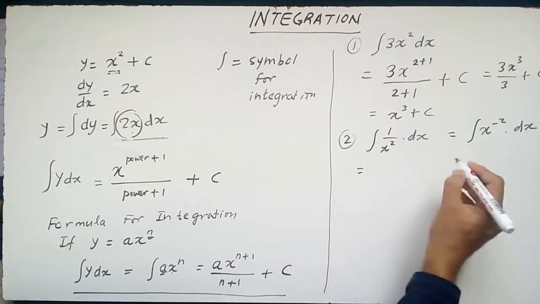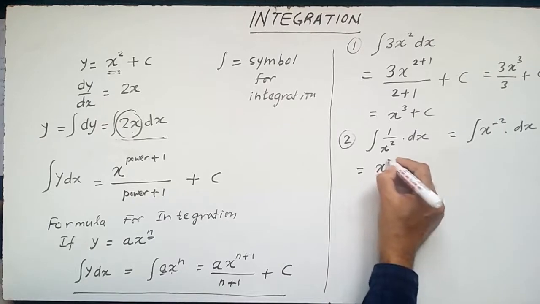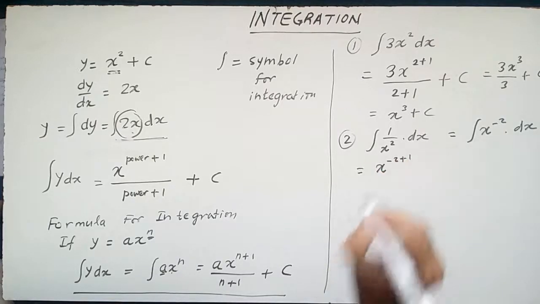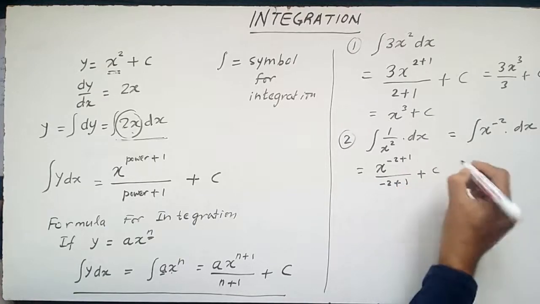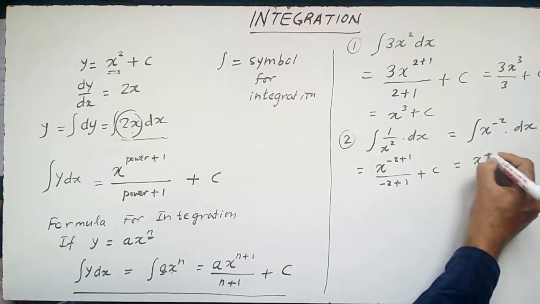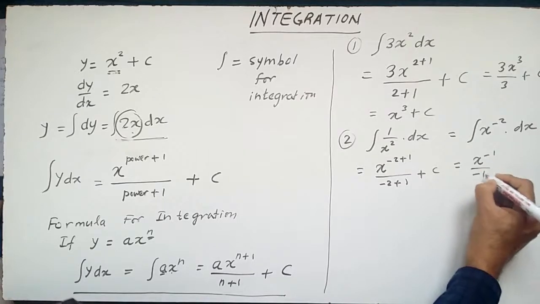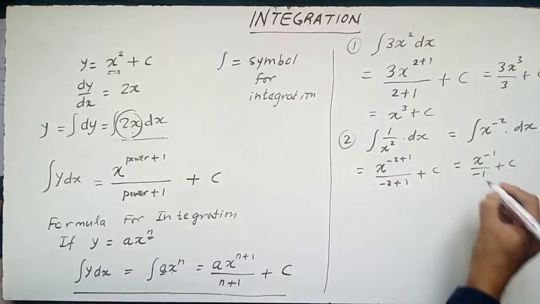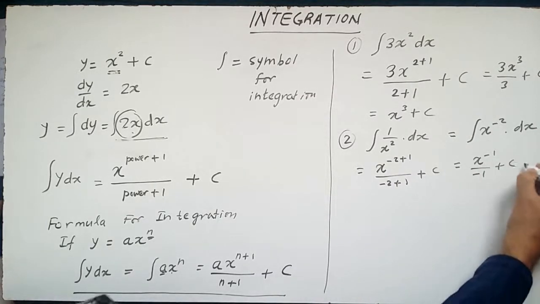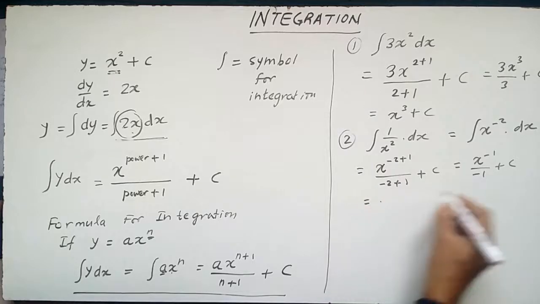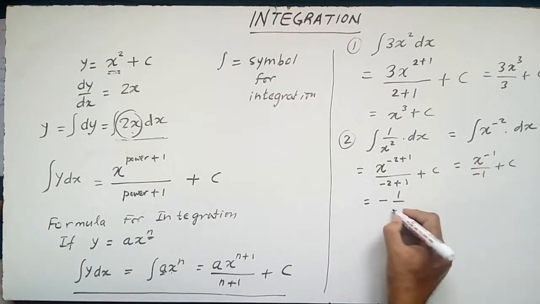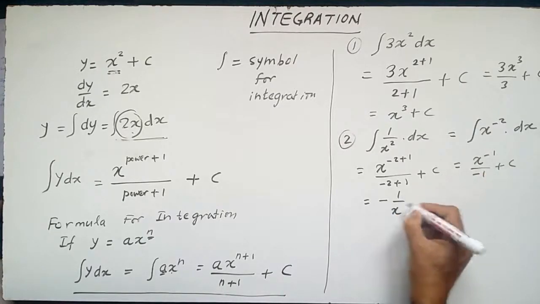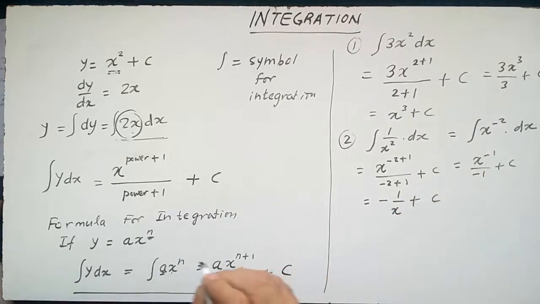Now, after integration, we increase the power by 1 and divide by the same one. So this will become x to the power minus 1 upon minus 1 plus c. So instead of x to the power minus 1, we can also write this, since there is a minus sign, as minus 1 by x plus c.